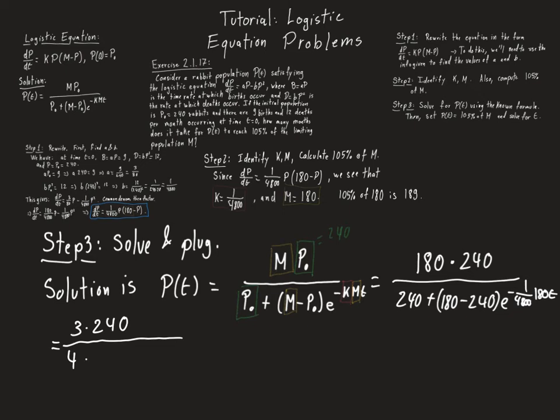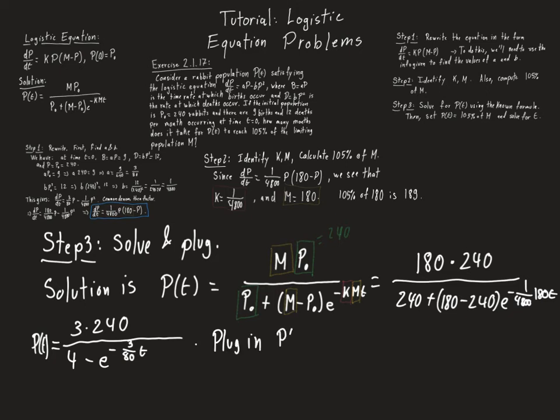So that's 4 minus 1 times e to the negative, and that's going to be, I think, 3 over 80 times t. This, of course, is our P of t. Of course, this can be simplified maybe a little bit further, but there's no real need to do that at this point. So next, plug in.